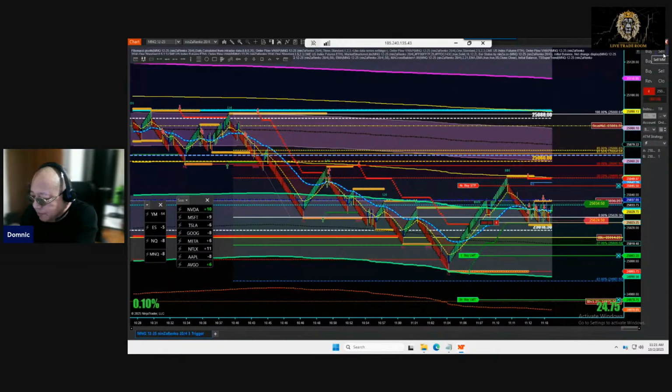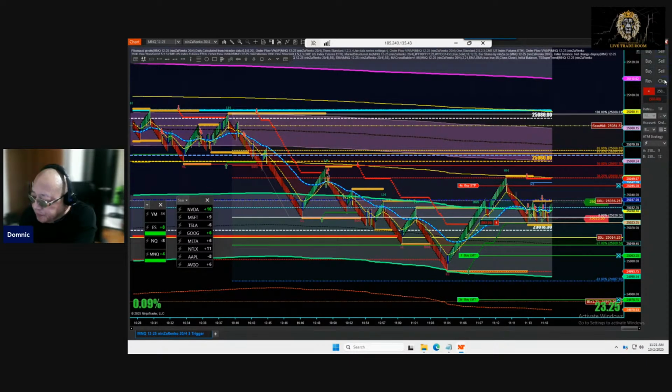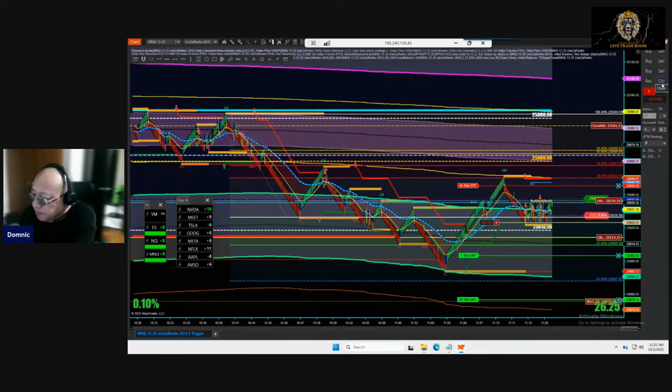Oh, the reversal up. See if they break. They might just break it for one or two ticks and bring it down.